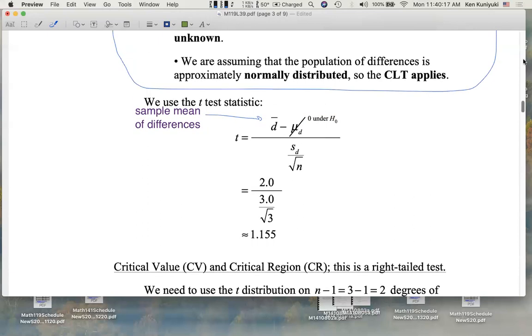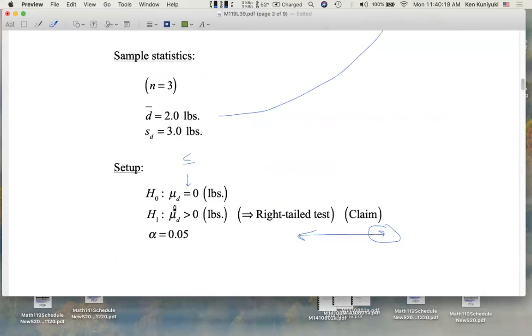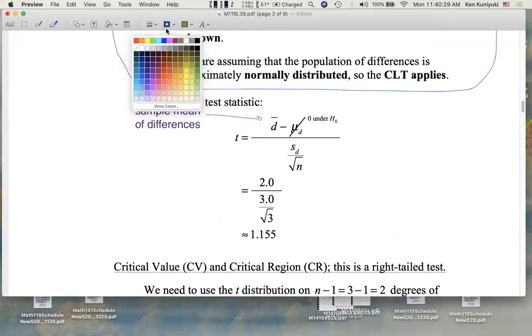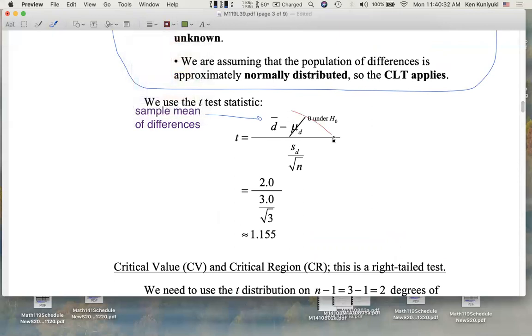Now remember, the null said that mu sub d was equal to 0 pounds. It was the borderline case. We're going to assume mu sub d is 0 pounds, which means this part of the formula goes bye-bye. That's often the case.